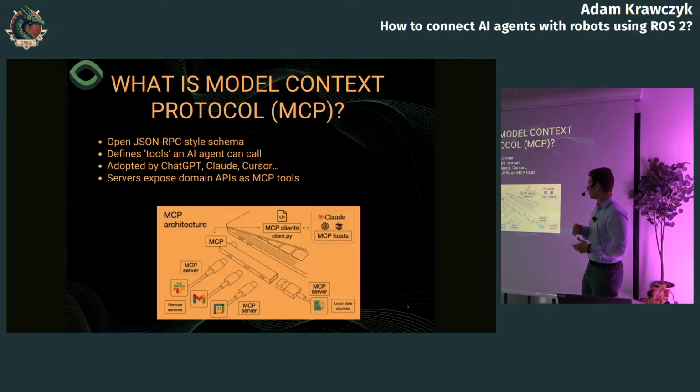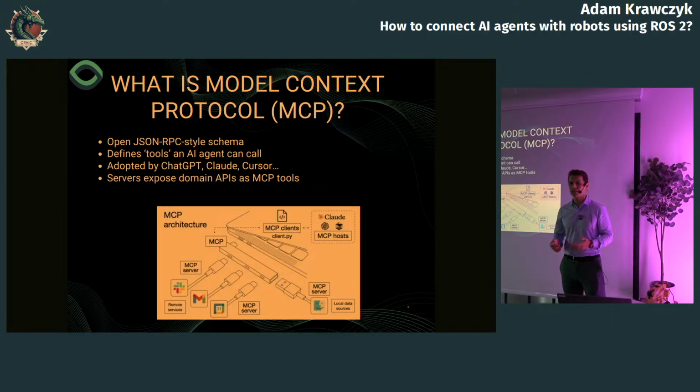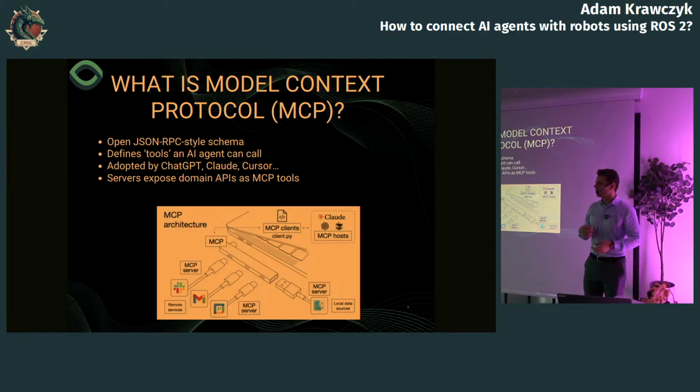It defines tools that can be used, and it's often considered the USB-C for AI. USB-C because you can connect a lot of things into LLMs and solve one big problem, hallucination.